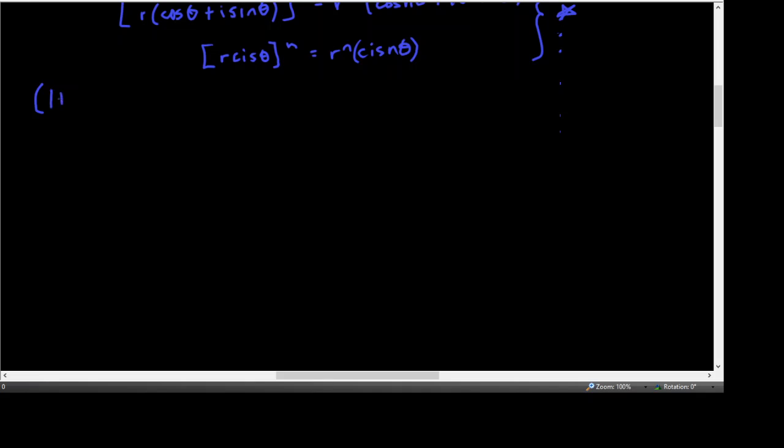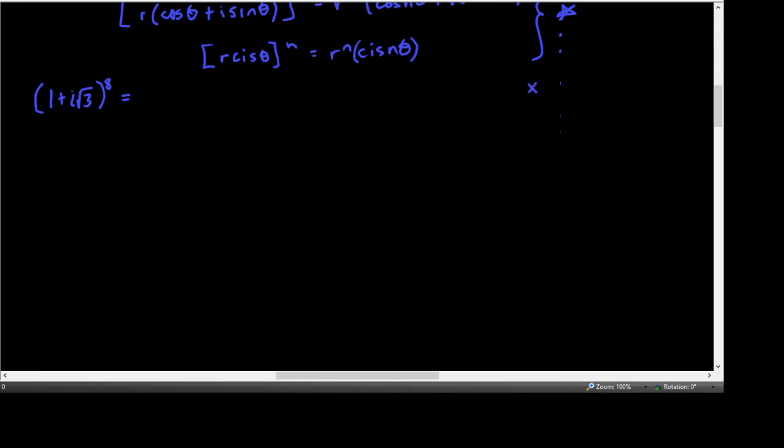1 plus i square root of 3, raised to the 8th. Now you don't want to multiply this binomial times itself and times itself and times itself, etc., and get the answer that way. So the first thing you're going to want to do is to rewrite that number in polar form. So let's think about what that would be.